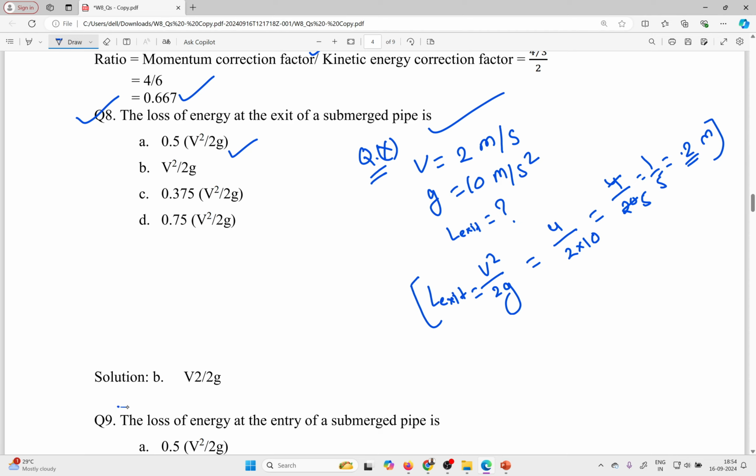Now, the next question is the loss of energy at the entry of a submerged pipe. At the entry of a submerged pipe, one pipe is like that.